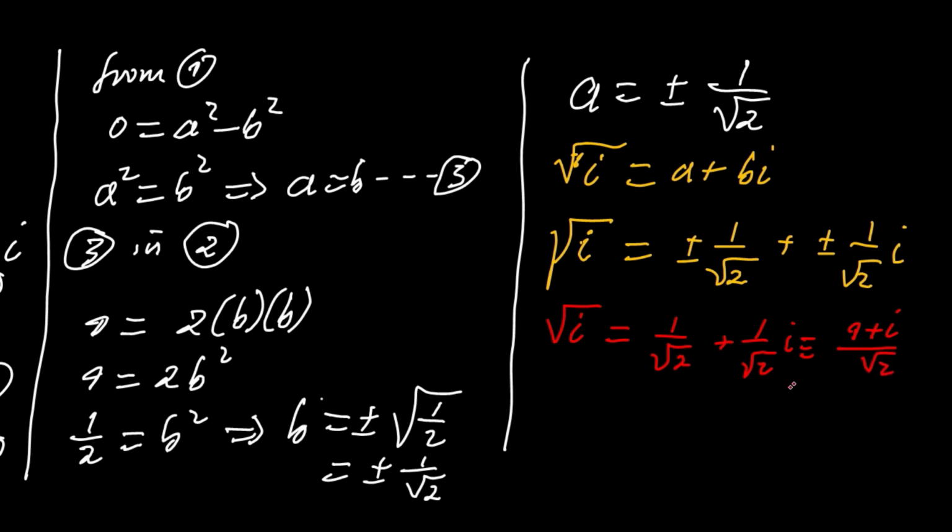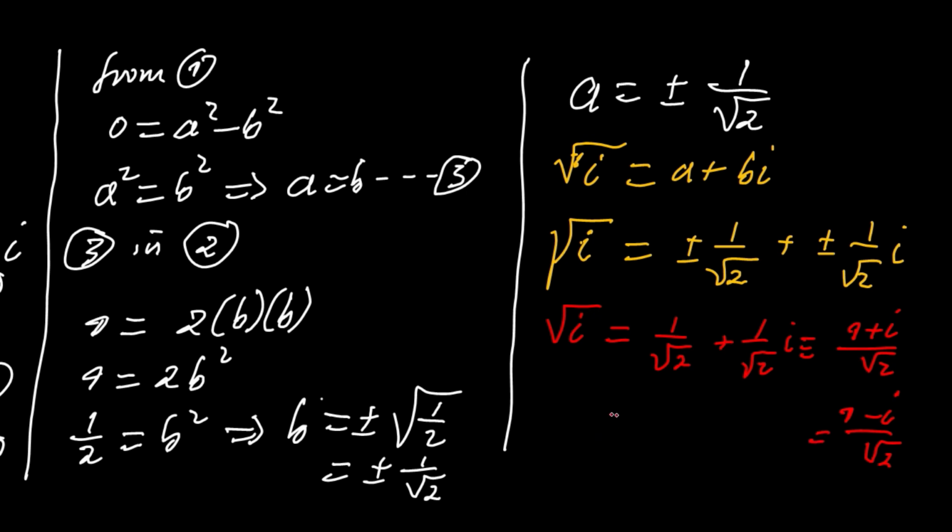We're going to do the same thing. We consider the negative and the negative, the positive and the negative, and the negative and the positive. We're going to end up with something like 1 minus i all over the square root of 2. That will be the second solution.